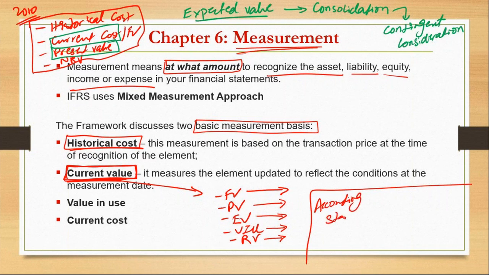So the IASB board is allowed to take it anywhere where they feel better while preparing the accounting standards. So it is not an option for us. It is the option for the standard setters to decide where it should be taken to.